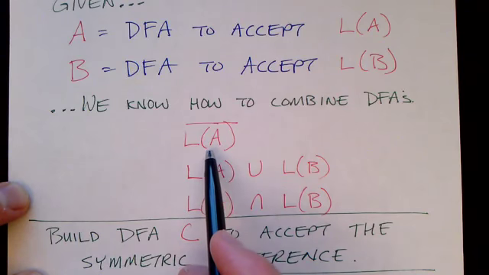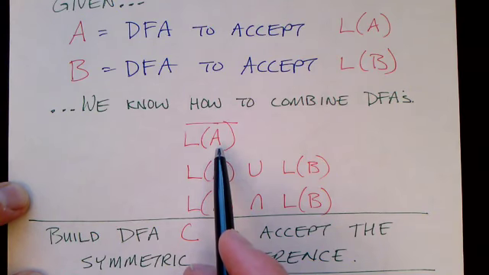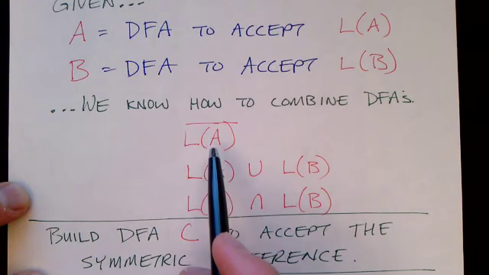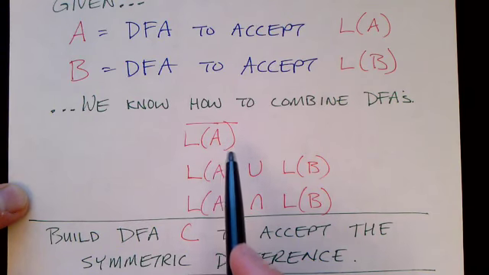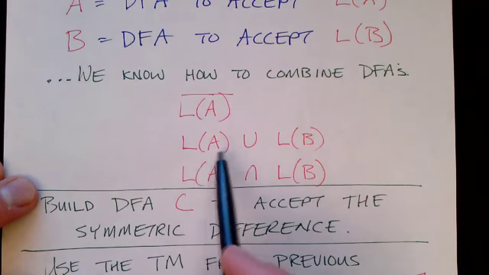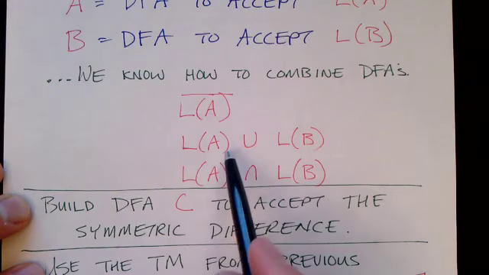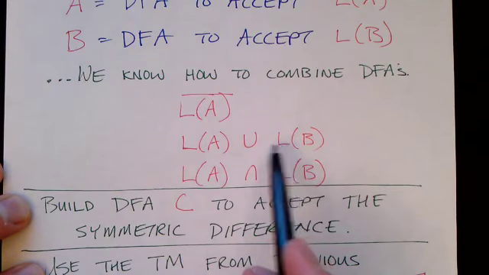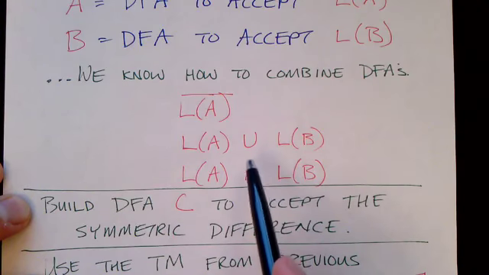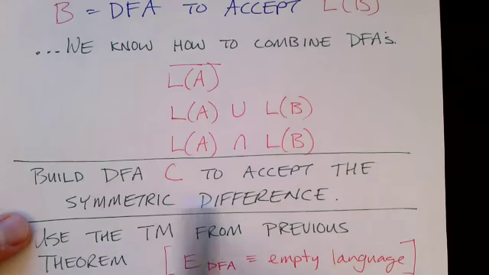Remember, we just switched the accepting states to non-accepting states, and the non-accepting states we switch to accepting states. So we flip the states from accepting to non-accepting. Likewise, if we want to do union or intersection, we know how to build finite state machines that will do that. So, in summary, we can build a new deterministic finite state machine, C, that will accept the symmetric difference of A and B.